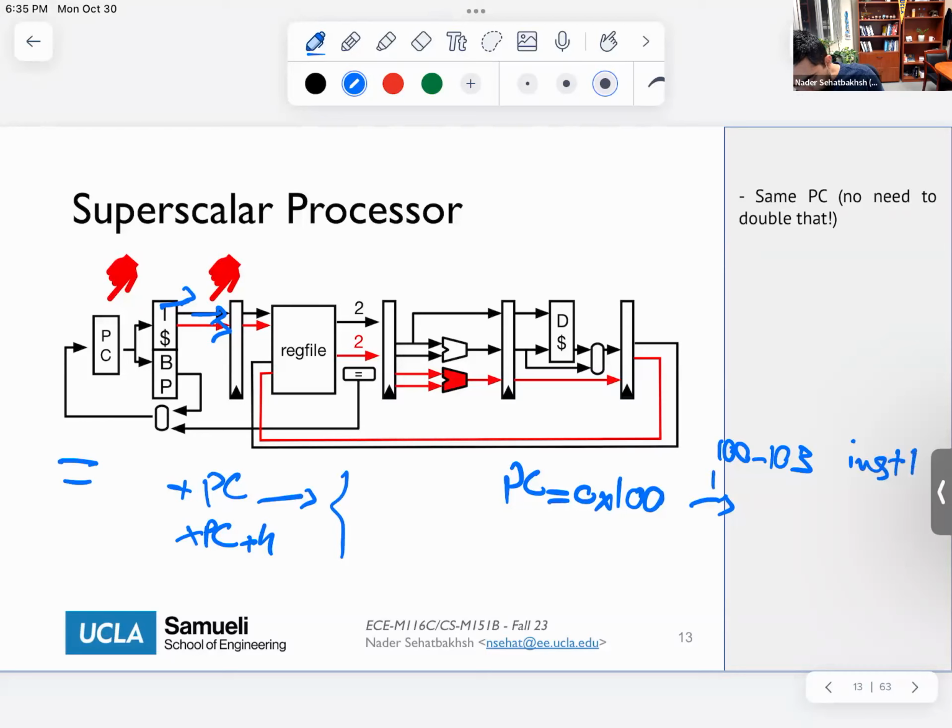I will also do 104 to 107, and I call this instruction 2. Okay, so by just using one index, I'm reading two things, right? So this way, I don't need to replicate the PC. I just create two output ports from my instruction cache, as you can see here.